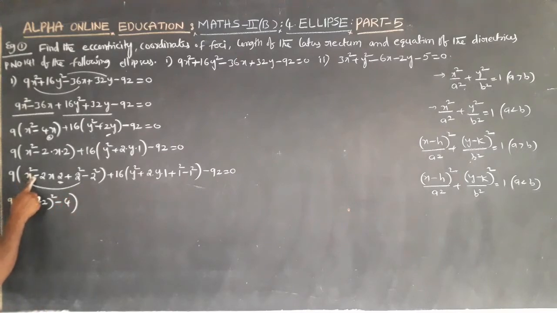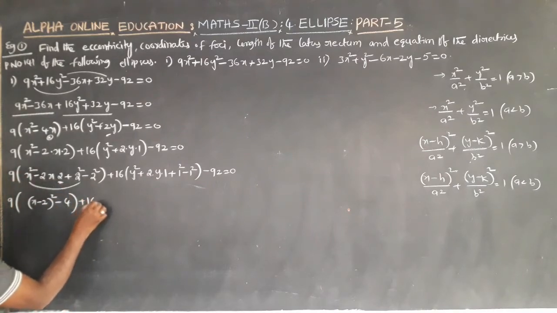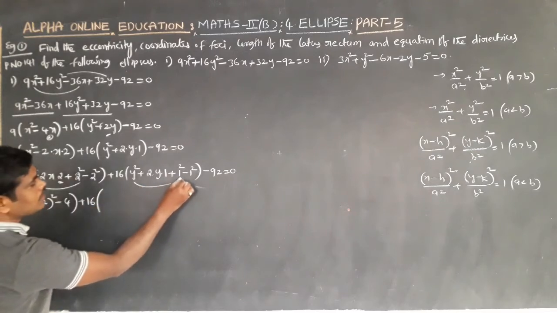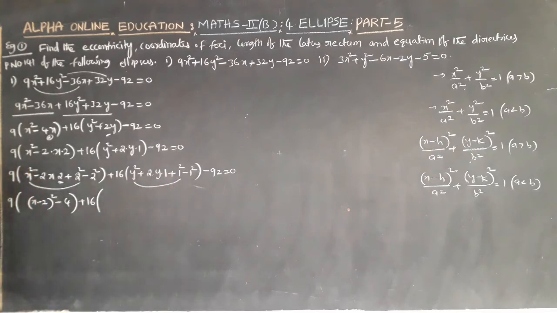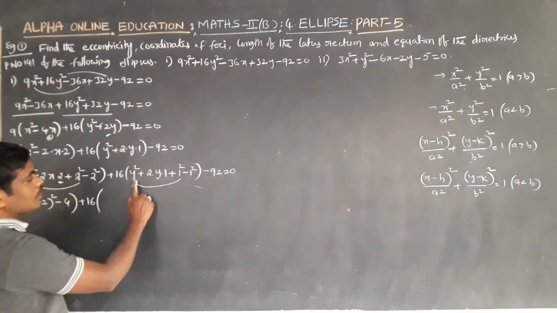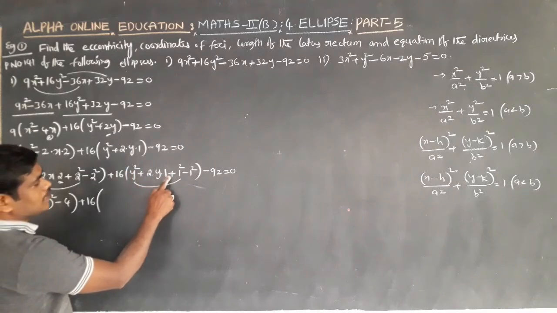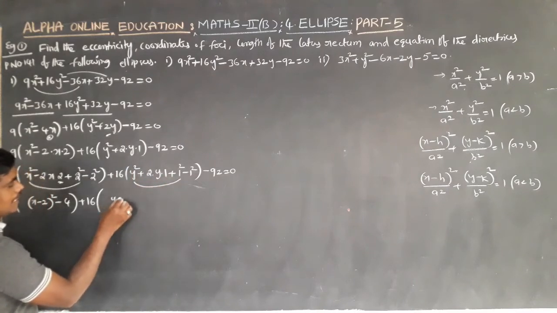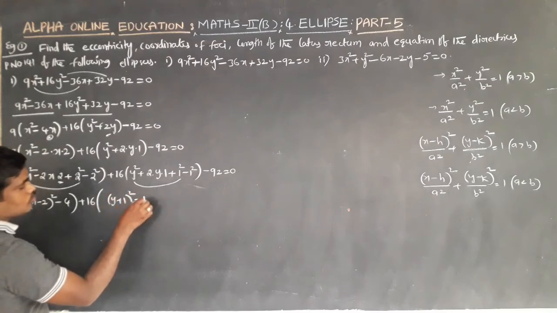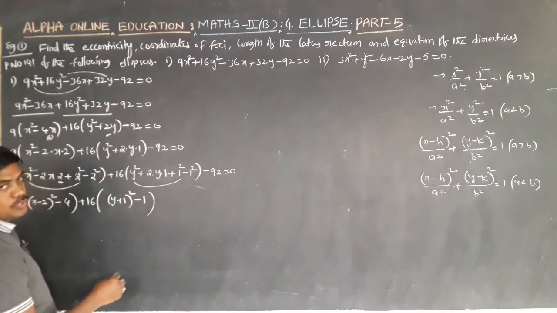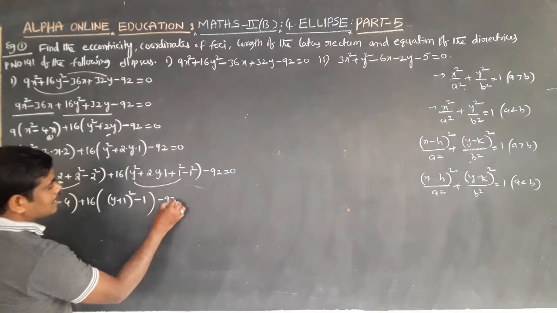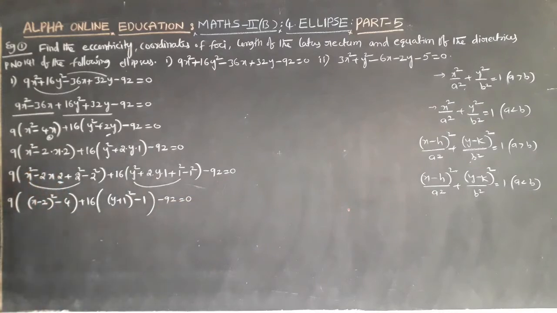A square minus 2ab plus b square equals a minus b whole square. Plus 16 into y square plus 2y into 1 plus 1 square, a square plus 2ab plus b square equals a plus b whole square, minus 1 whole square means 1, minus 92 is equal to 0.